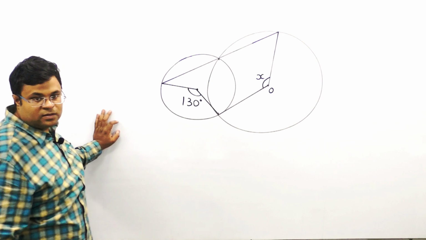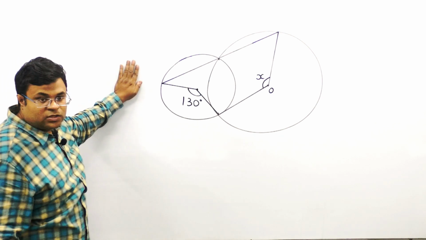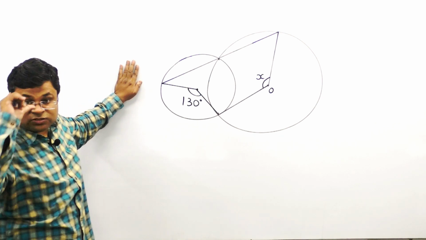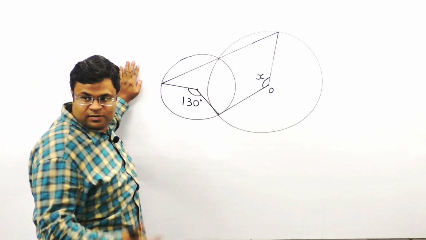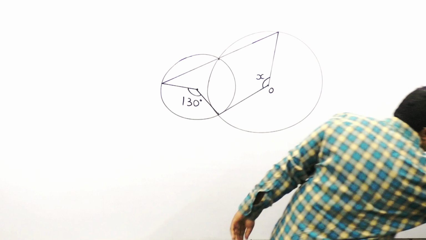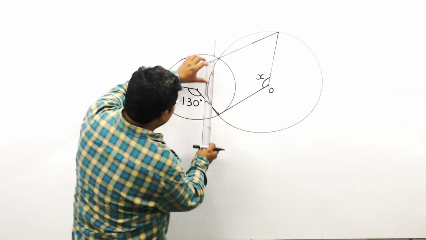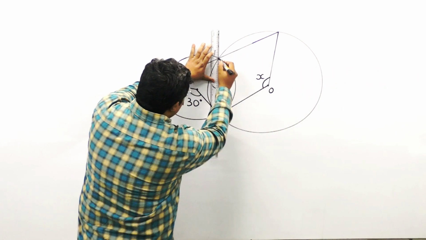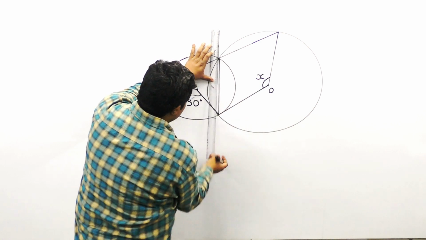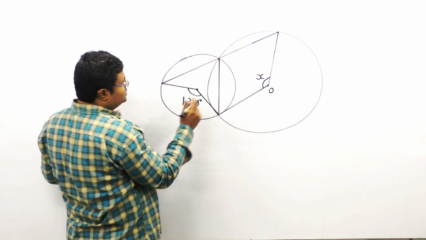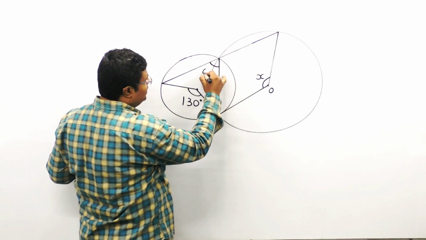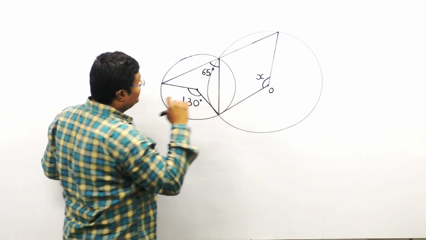So obviously, this is the question. Did you get the construction in this question? What's the construction? Draw this. Alright. So just join this. Now since this is 130, this will be 65.